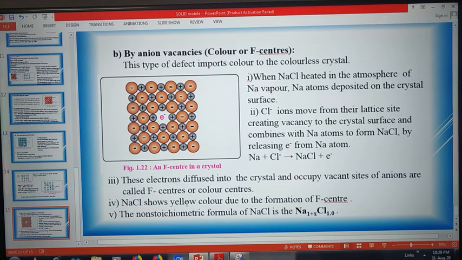The electrical properties of solids, that means in your textbook from point 1.9, are completely omitted. Page numbers 21 to 25, that means up to the exercise, all this part is omitted here. The electrical properties as well as the magnetic properties are omitted from this syllabus.